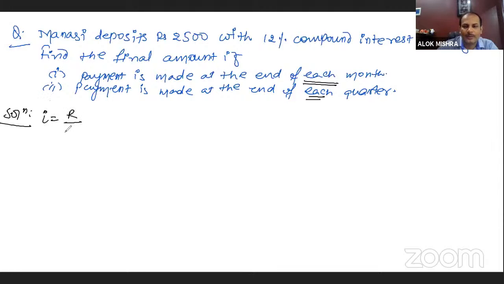I is equal to R upon 1200, which is equal to 0.01. And what is N? It is for 3 years, so it is 3 into 12, which is equal to 36. Compounded monthly, so I have to multiply the number of years with 12 to get it converted to number of months.